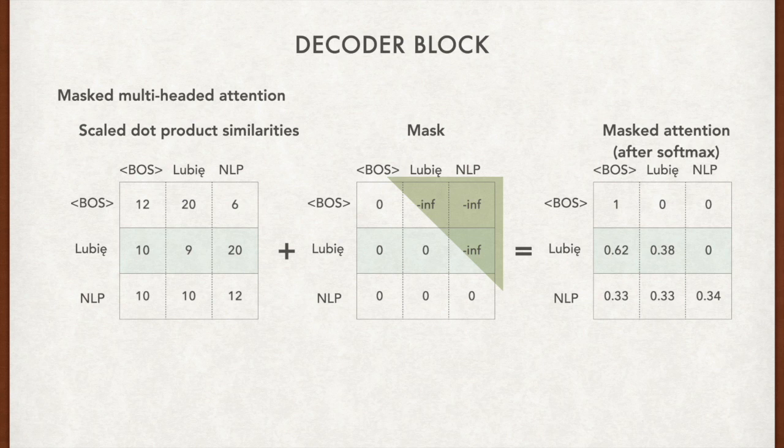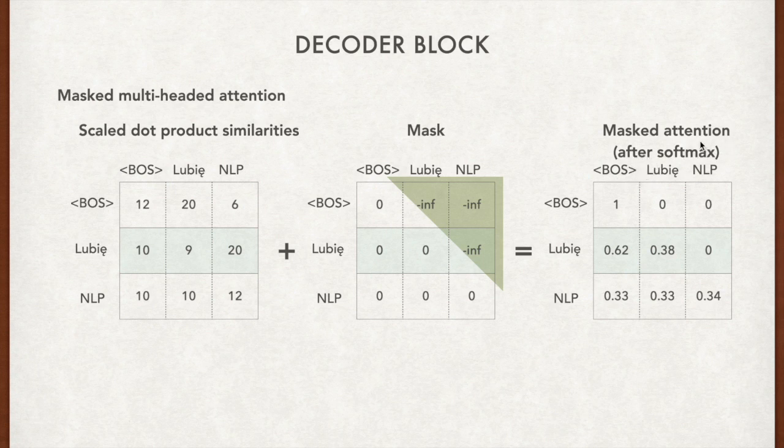As we can see here, after utilizing the attention mask, the whole information available for the token BOS at the first step of decoding comes from the word itself. It does not have access to the future words lubię and NLP.